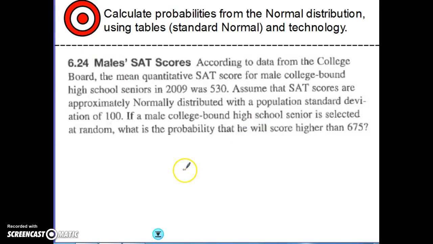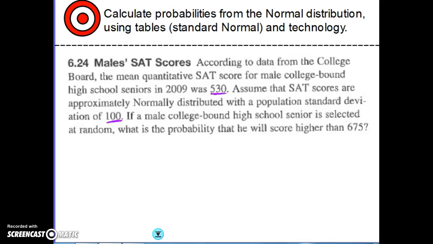So first problem that I'd like to try. According to data from the College Board, the mean quantitative SAT score for male college-bound high school seniors in 2009 was a 530. Assume that SAT scores are approximately normally distributed with a population standard deviation of 100. So hopefully you've seen two important pieces of information. That's the mean. That's the standard deviation.